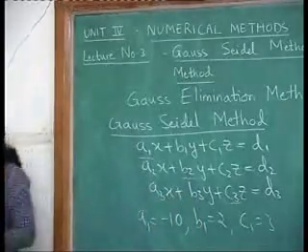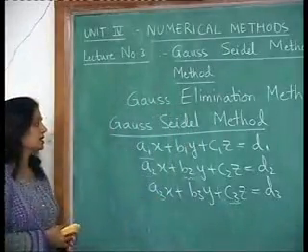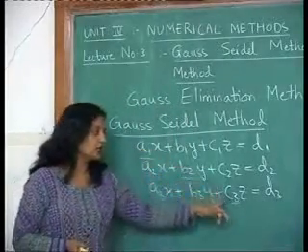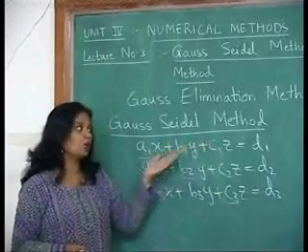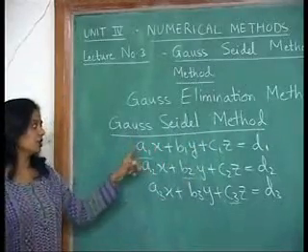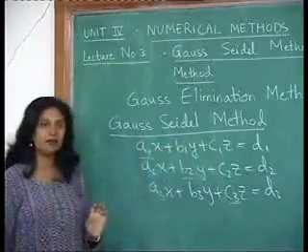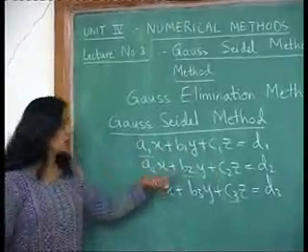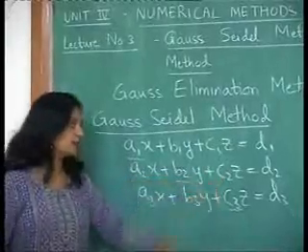and definitely bigger than C1. So the first assumption that one makes in this method is that the coefficients that come along the diagonal have to be dominant as compared to the other coefficients in that equation. That means in the first equation, A1 has to be much bigger as compared to B1 and C1. In the second equation, B2 has to be much bigger as compared to A2 and C2.